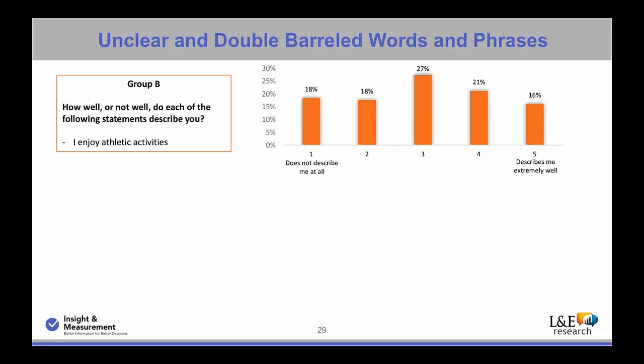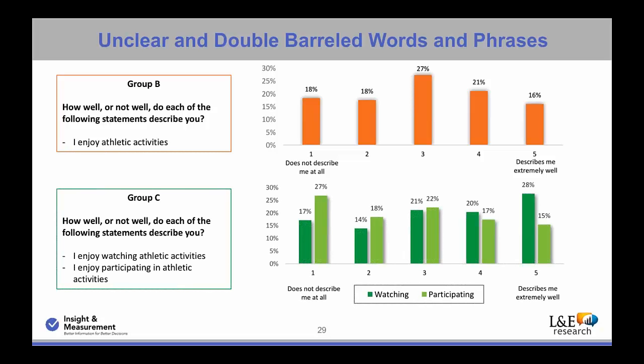Okay, in orange up here at the top was the first substandard way of asking it. I enjoy athletic activities. And you can see people give you numbers, and it's a pretty even distribution. But what happens when we asked another 400 people the question separately? I enjoy watching and I enjoy participating. If you look at the dark green, which is watching, and compare that to the orange, it's a very different distribution.